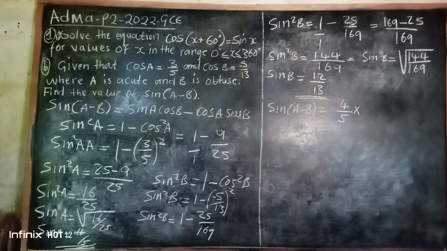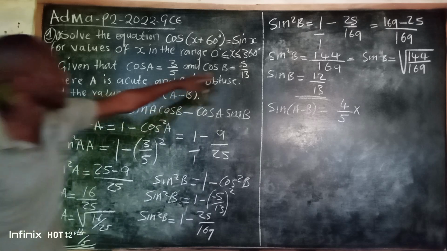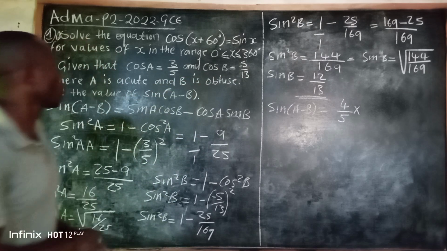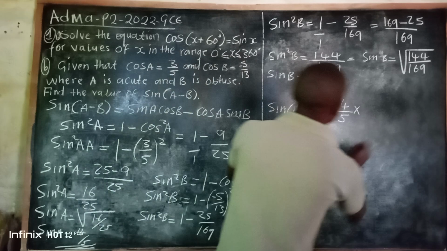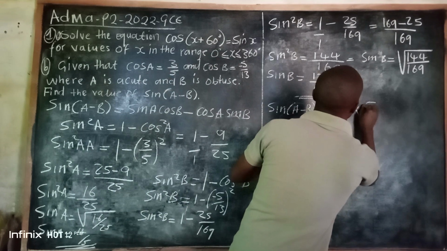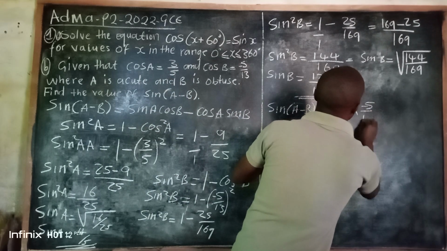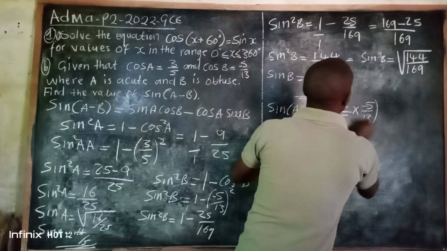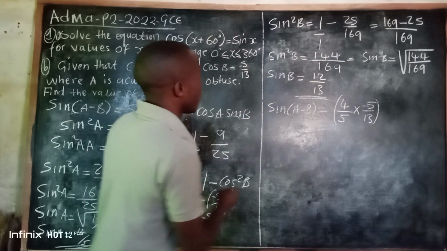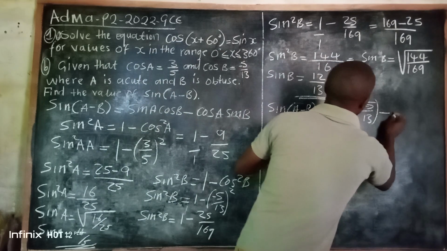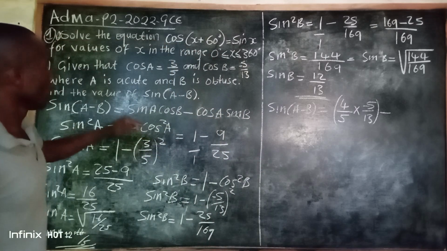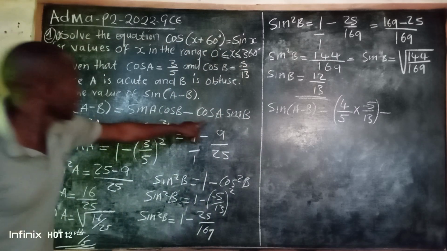So let us see the cos that we are given. Okay, it's here, it's already negative. So just pick it the way it is. So it will be minus 5 over 13. Then we have, what's the sign there? Minus. Okay?